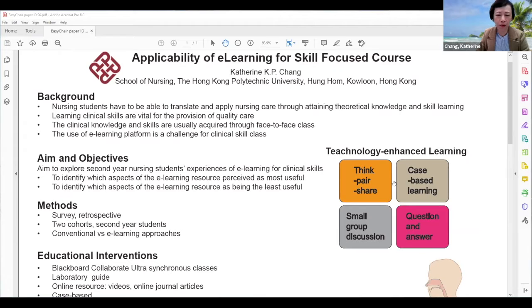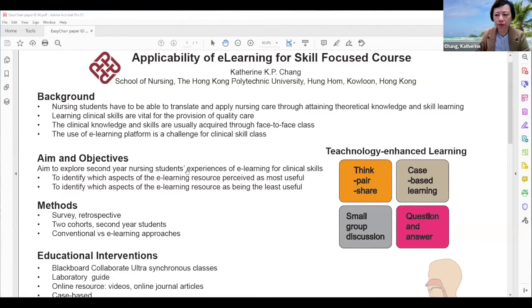Of course, we always adopt technology in our teaching already. But unluckily, because of the pandemic, we have to conduct synchronous online classes in order to minimize the public health risk.